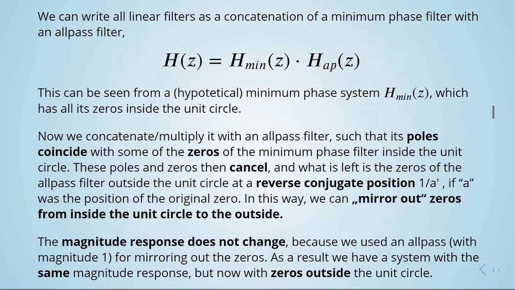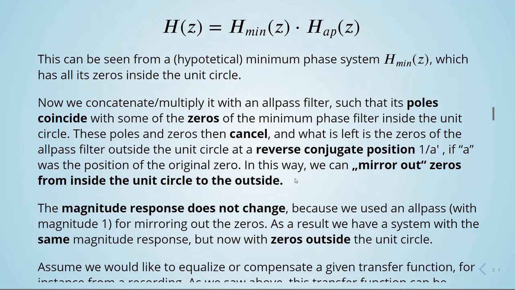Now we can multiply it with an all pass filter such that its poles coincide with some of the zeros of the minimum phase filter inside the unit circle. These poles and zeros then cancel, and what is left is the zeros of the all pass filter outside the unit circle at a reverse conjugate position 1 divided by A, if A was the position of the original zero. In this way, we can mirror out zeros from inside the unit circle to the outside.